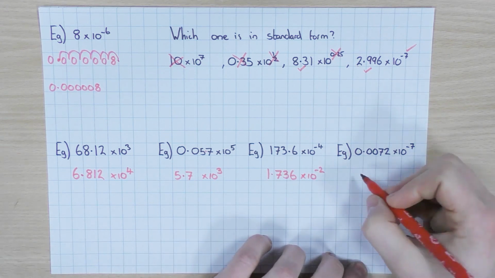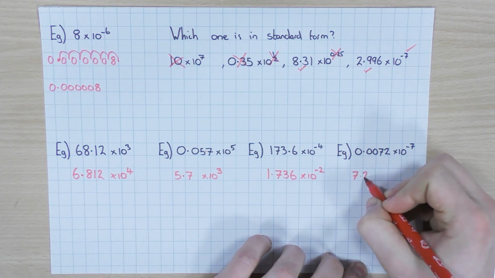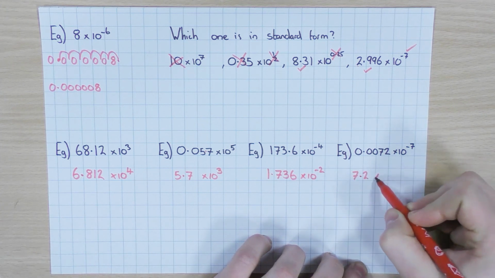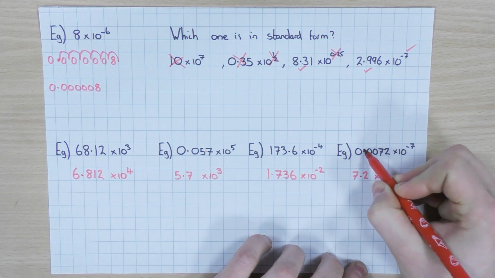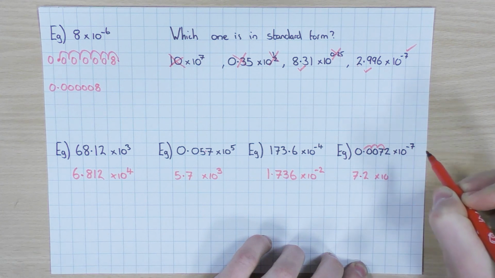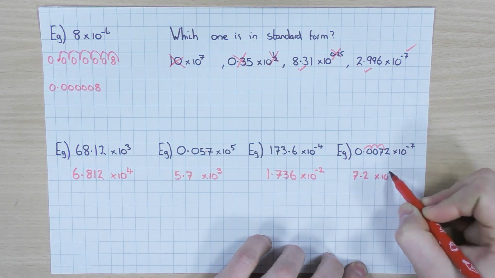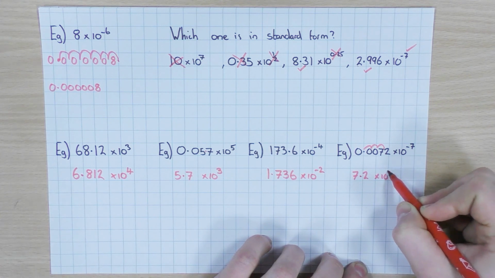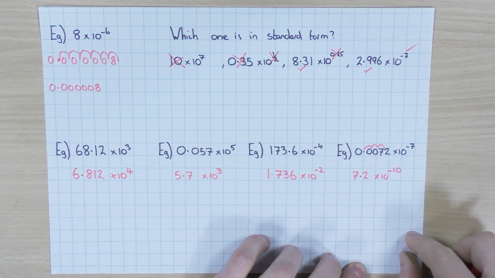And this one over here is going to be 7.2 times 10, and I had to times by 10, 1, 2, 3, so I made it 10 times bigger 3 times, so I've got to make that 10 times smaller 3 times, so minus 7, take away another 3, will give me minus 10.